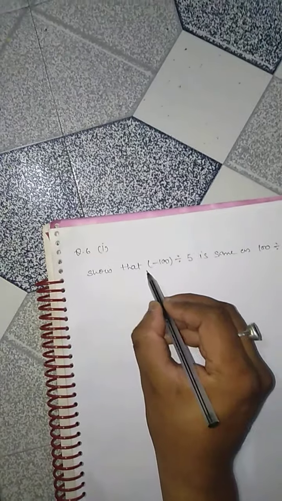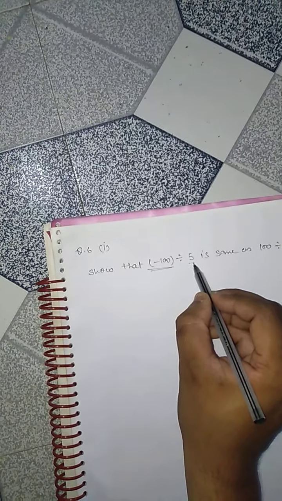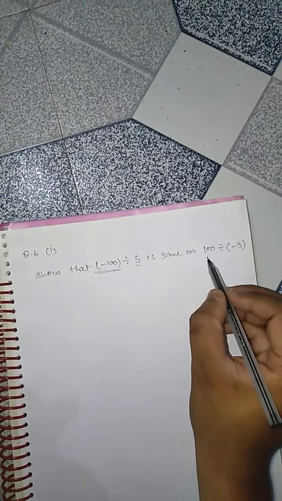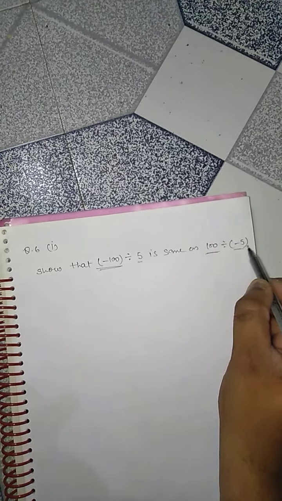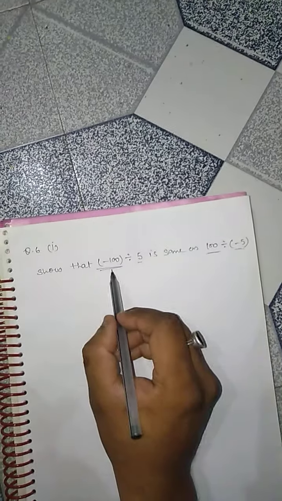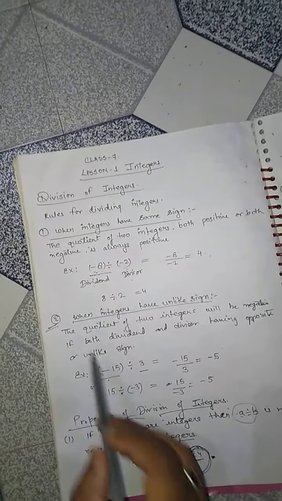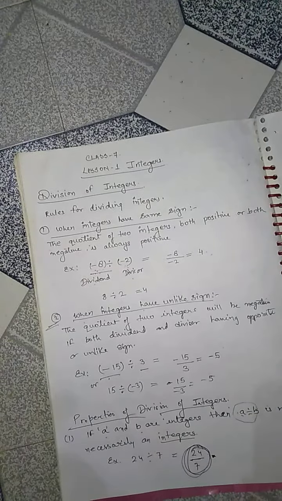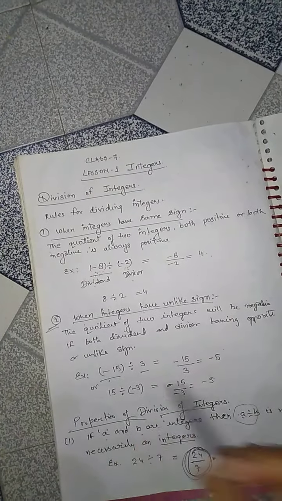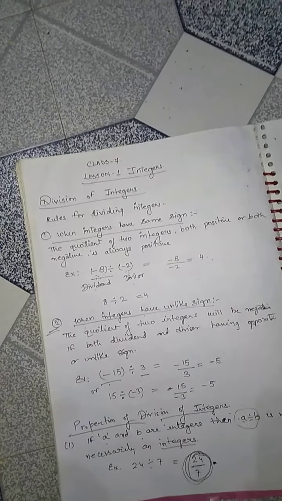Now see, here the dividend is negative whereas the divisor is positive. Here the dividend is positive but the divisor is negative. In both cases only one integer is negative. So if we see the second rule, where integers have unlike signs, only one of the dividend and divisor will be negative, then the quotient will come negative.